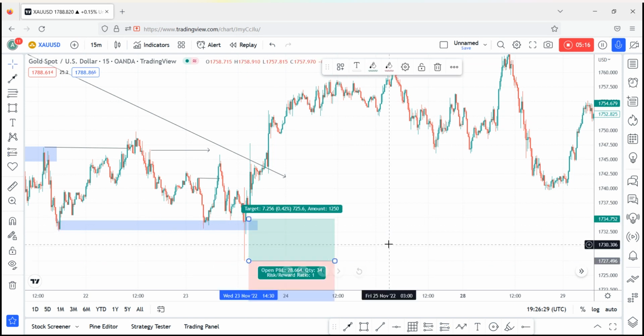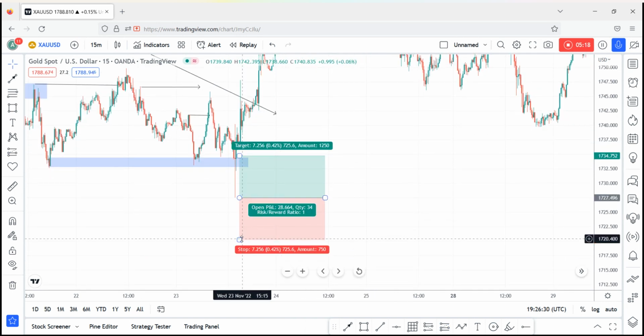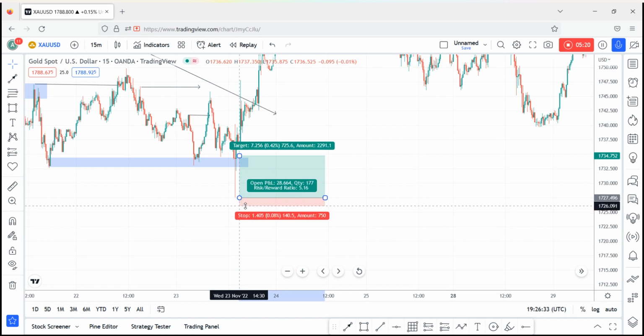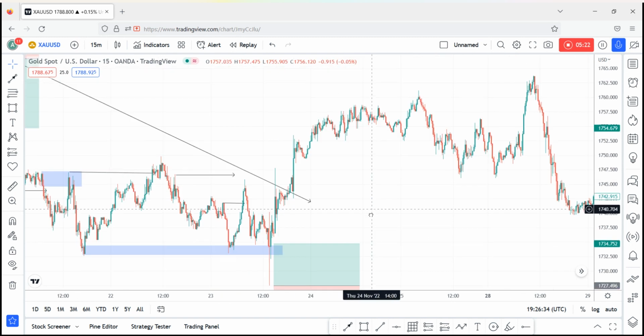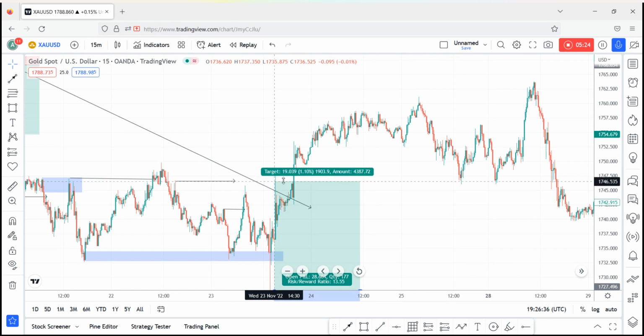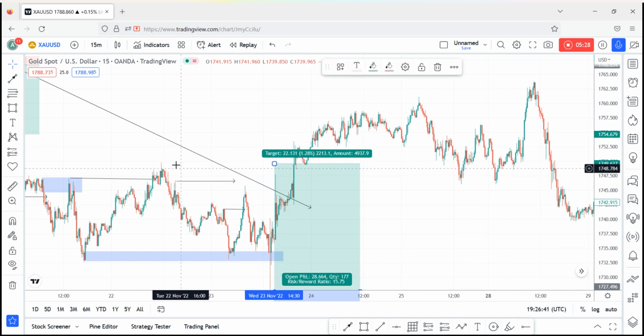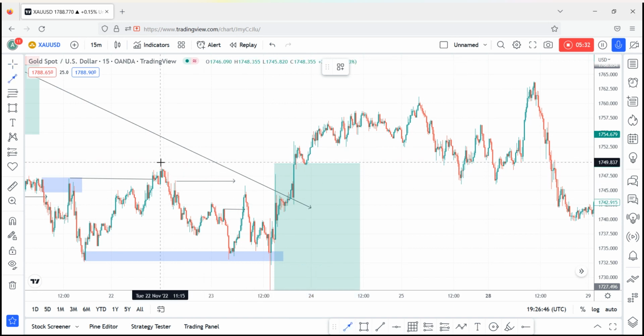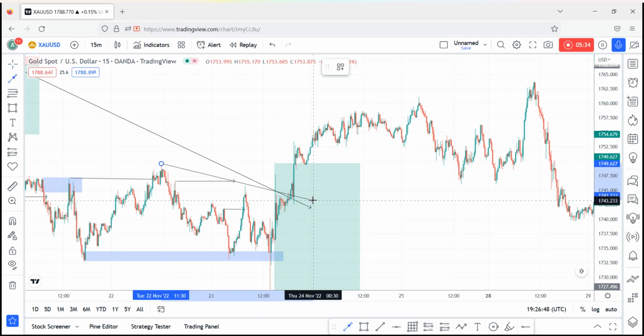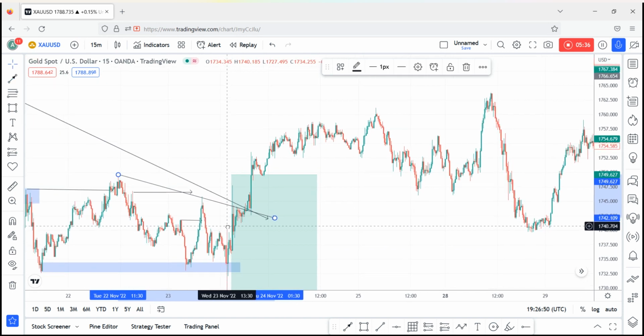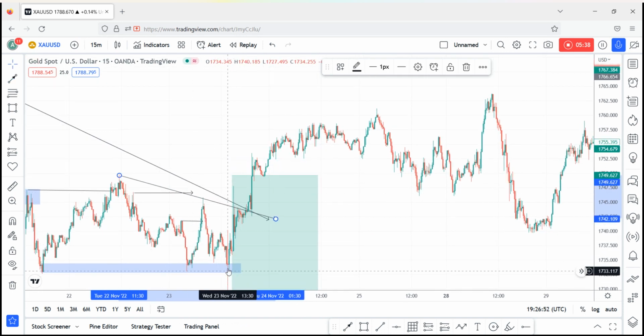When price behaves like this, as I told you, you have to place your stop loss something like this, and then you can target this high. Why? Because everything here was liquidity. Now here was liquidity, right? And then what price did, price made a pullback, swept this liquidity, and then started going bearish.